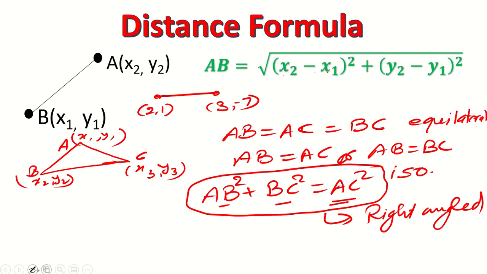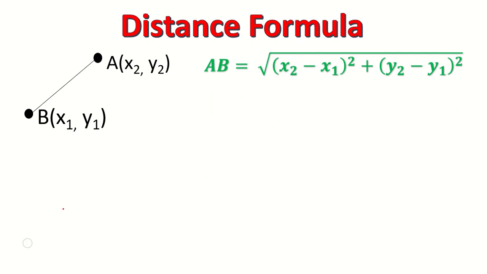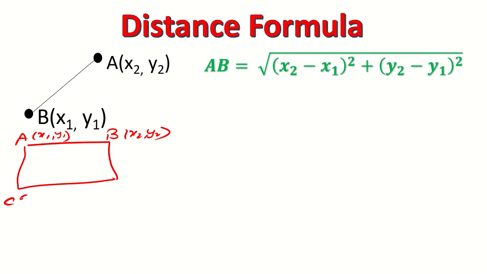What else questions can you have for this? You can have a quadrilateral, A with coordinate (x1, y1), B with coordinate (x2, y2), C with coordinate (x3, y3), and D with coordinate (x4, y4). Now they can say prove that it is a parallelogram. So how will you prove a parallelogram?